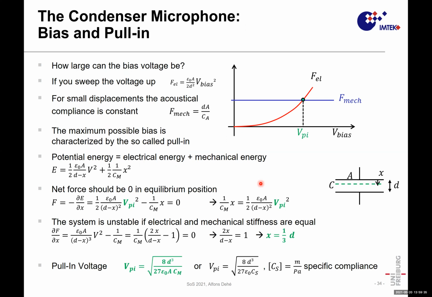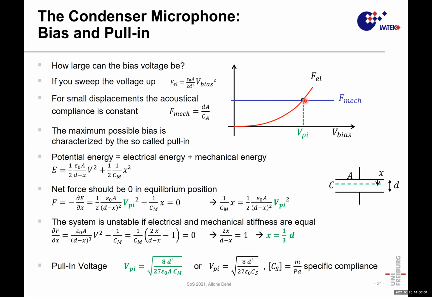We could sweep the bias on an existing microphone higher and higher. So we generate an electrical force on our plate, which is proportional to the bias squared. So we run electrical force higher and higher, but the spring constant or the compliance of my device is constant. So for sure, there will at one point be an intersection of the two forces.